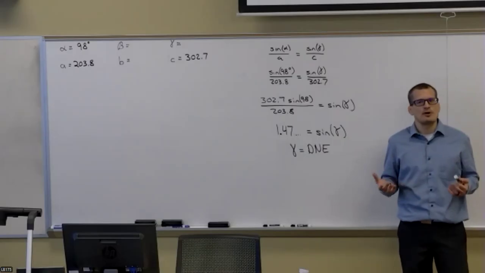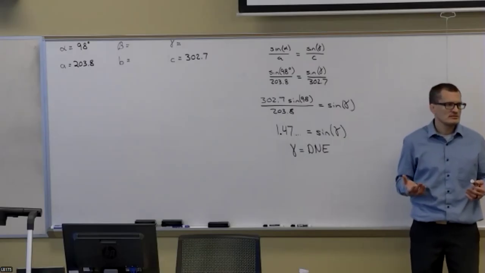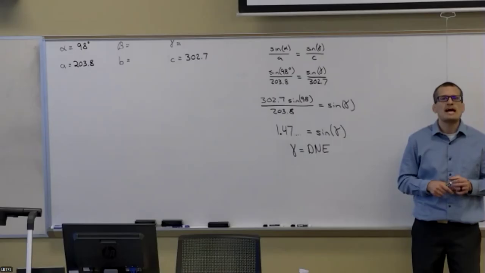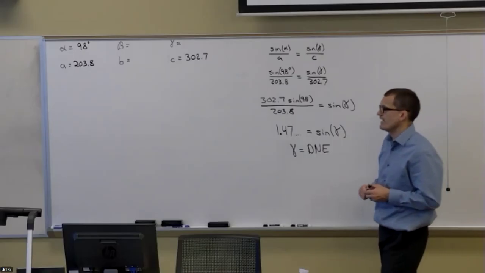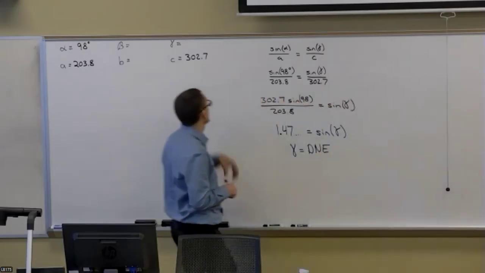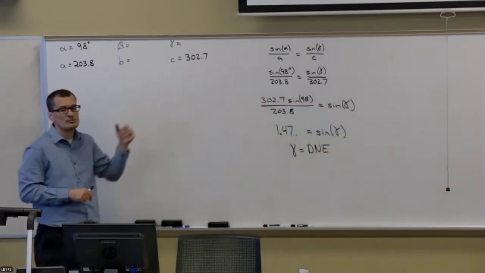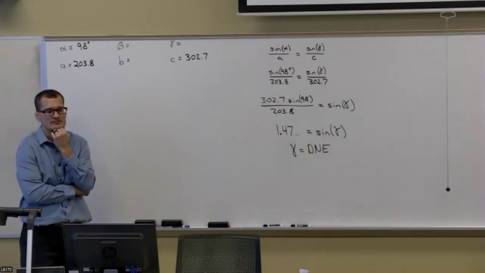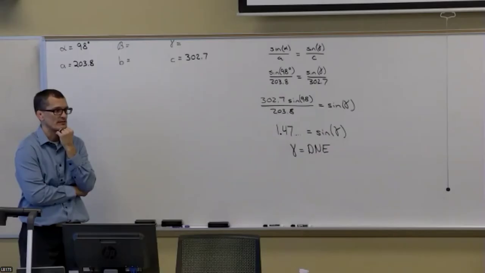The intuitive approach is the following. We had side length A be 203.8 and side length C be 302.7. Which of those angles, therefore, has to be bigger?